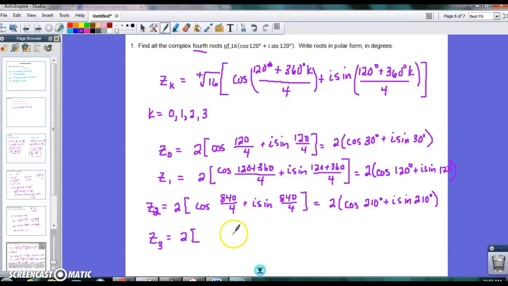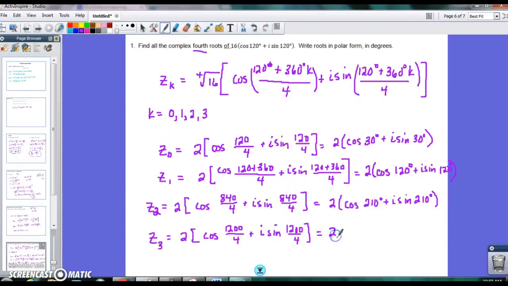So that was 2, and then for 3, 360 times 3 plus 120 gives us 1200. 1200 over 4 plus i sine of 1200 over 4.